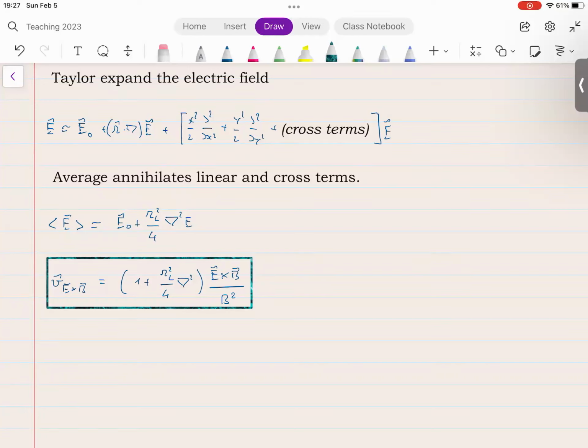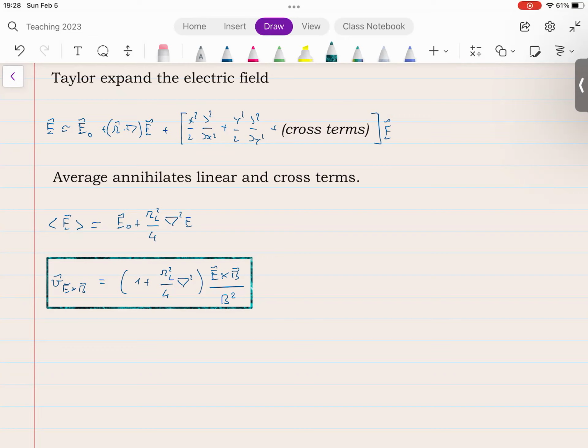I know I did this quickly. I just want to give you an idea of how this type of work proceeds. What you do is look at variations over the scale length that corresponds to, if you're looking at FLR effects, the Larmor radius. And in this case, we can do that in a relatively simple way by taking a Taylor expansion, which, don't forget, is in 2 dimensions.